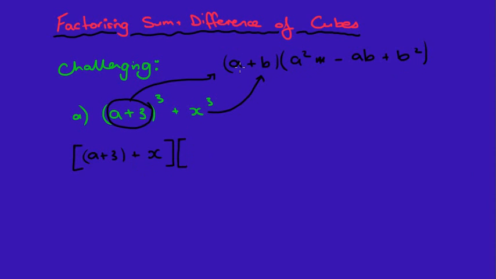Likewise, my a squared, well, my a is a plus 3. So I'm going to put a plus 3 squared minus, and it says times a and b together. So we've got x, which is one term, times a plus 3. And you can put the x either side of that, as long as you're multiplying those two terms together. And then plus, and we need to square the last term, the x.